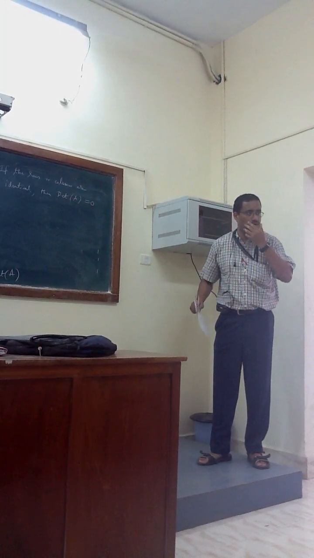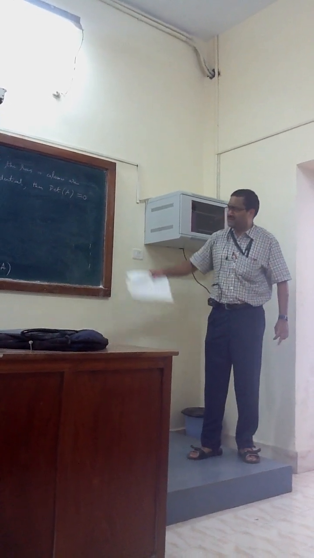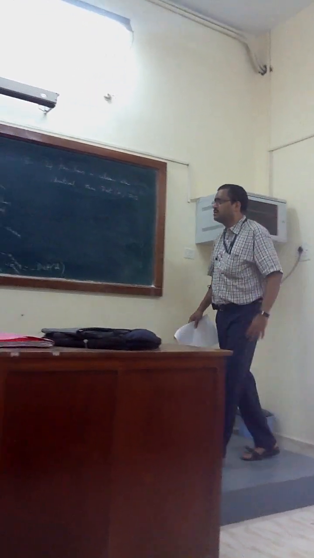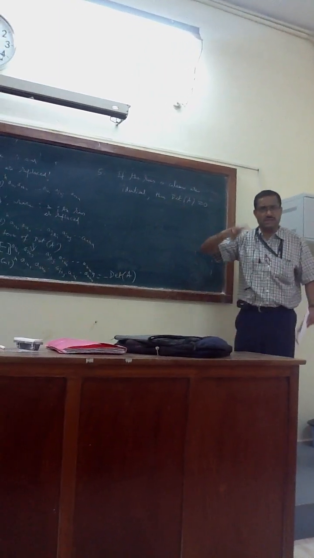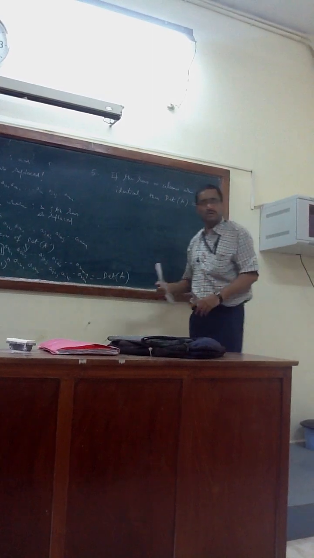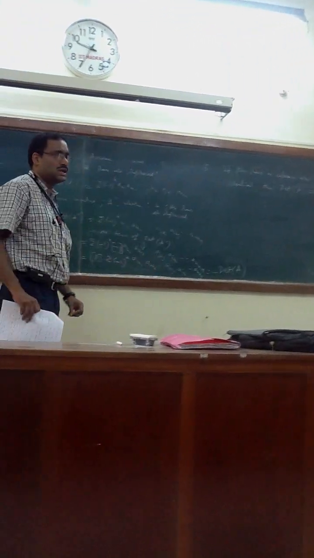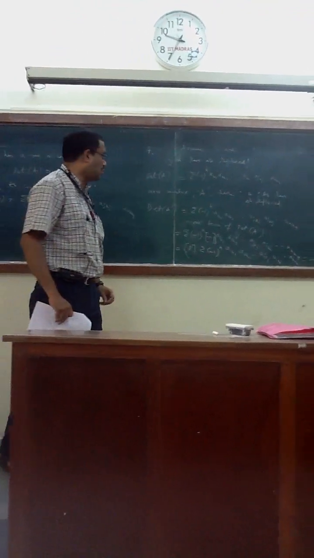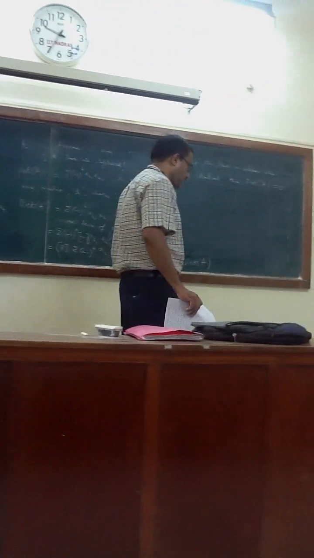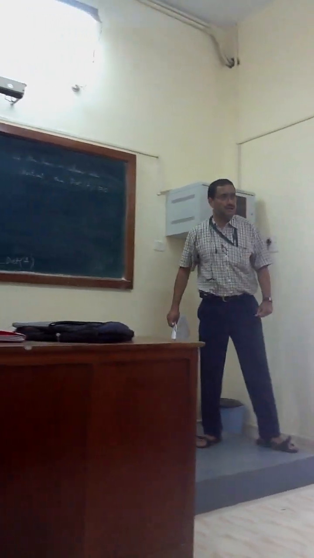Sir, if 2 rows are interchanged, or 2 columns are interchanged, then A is not changing. So determinant of A plus determinant of A dash is 0.